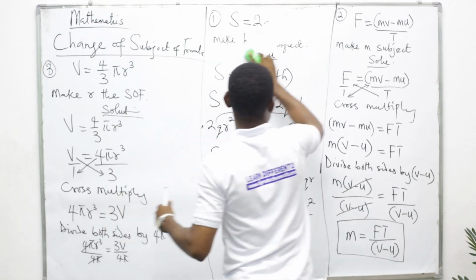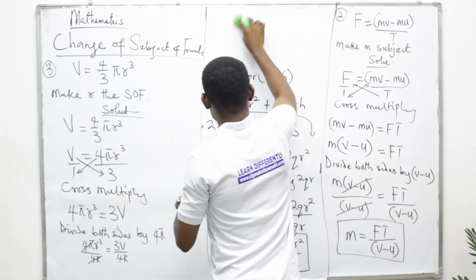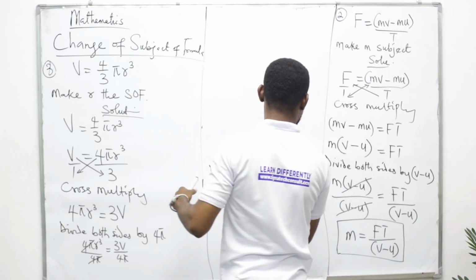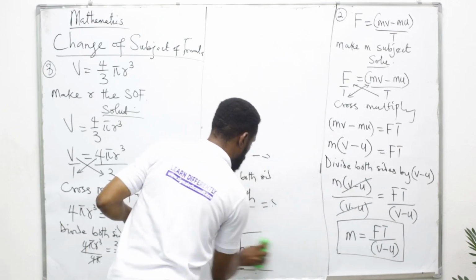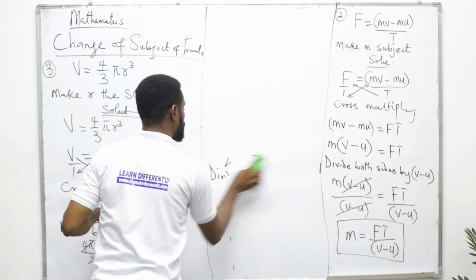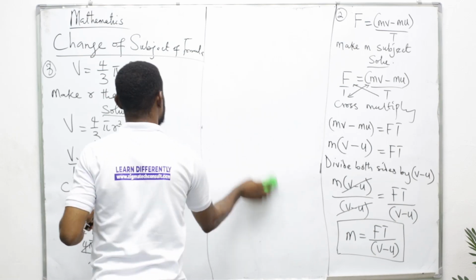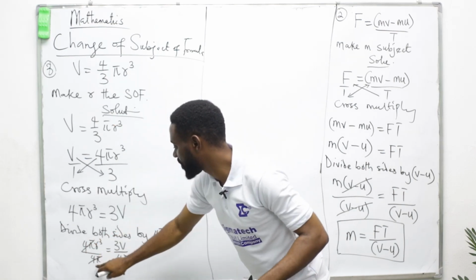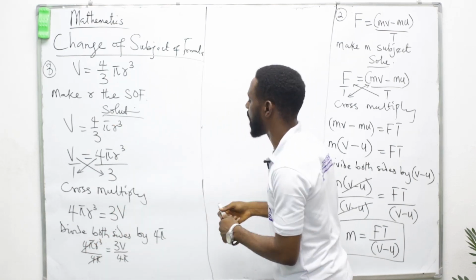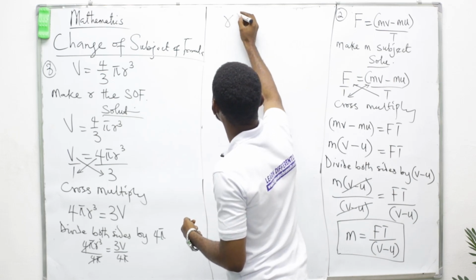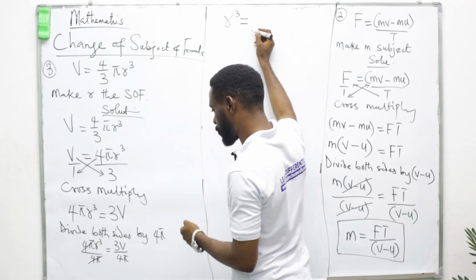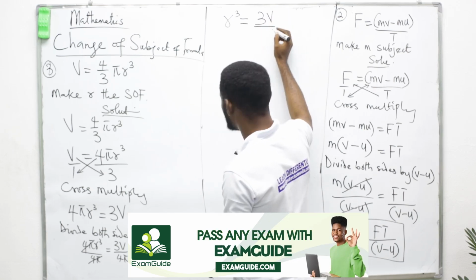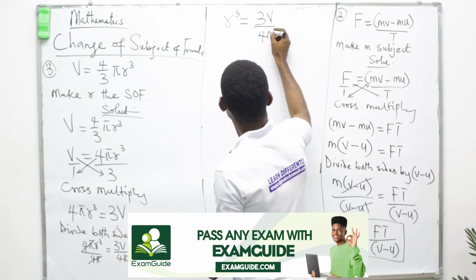So let's write here. 4 pi divided by 4 pi is 1, times R cube is R cube. So R cube is equal to 3V divided by 4 pi.